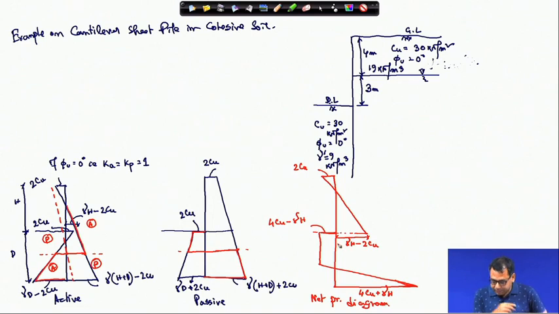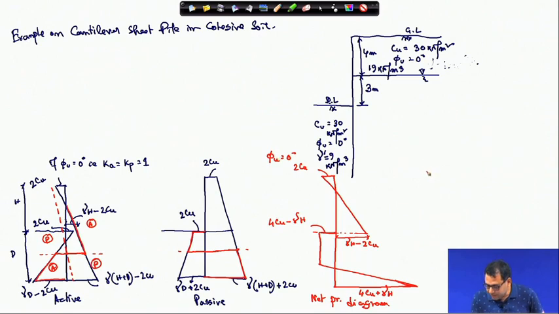So, this is the active case, this is the cantilever sheet pile in cohesive soil. But remember that this diagram is only valid if phi u is equal to 0.